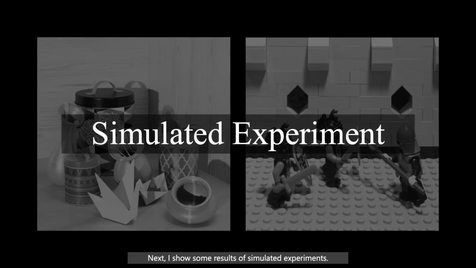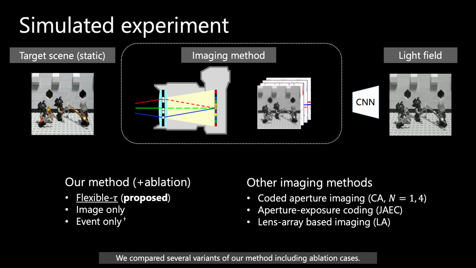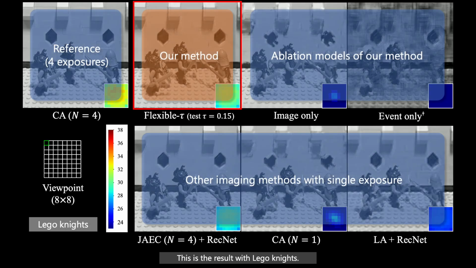Next, I show some results of simulated experiments. We compared several variants of our method, including ablation cases. We also compared our method against other imaging methods. The reconstruction CNN was retrained for each imaging method. This is the result with LEGO Knights.